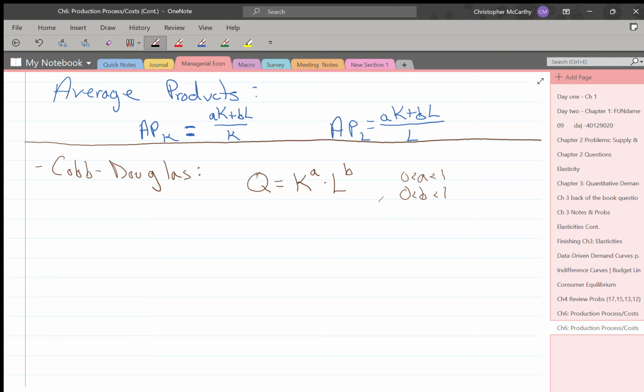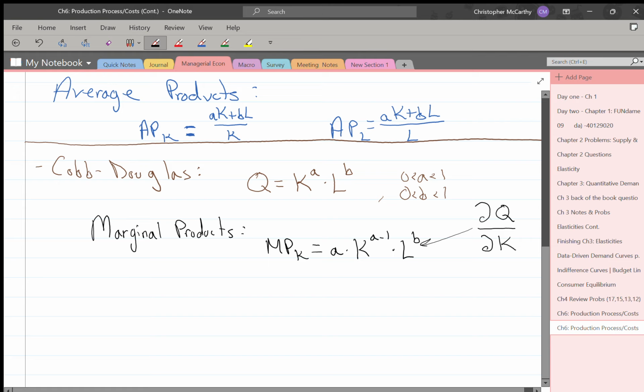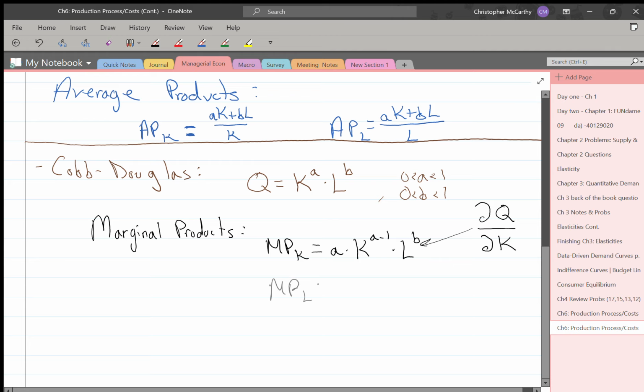So we're just going to memorize that, with a Cobb-Douglas production function, the first one is equal to A times K to the A minus 1 times L to the B. For any of you that care, this is the partial derivative of that function with respect to K. And the marginal product of labor is going to be B times K to the A times L to the B minus 1.